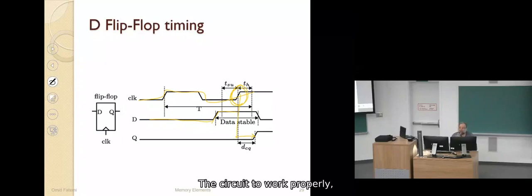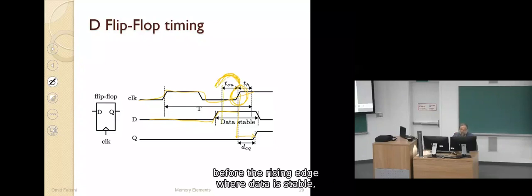For the circuit to work properly, you should have some time before the rising edge where data is stable. So data should become 1 because here we want it to become 1.